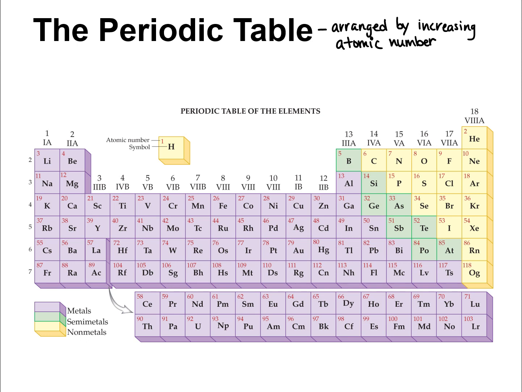In terms of where metals, semi-metals, and nonmetals are on the periodic table, you need to know that. On this periodic table, they're color-coded. On the one that I give you, they will not be.